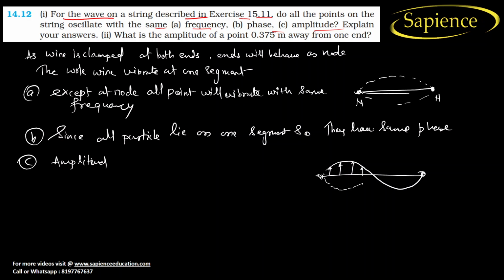When it reverses also, the particle at this point will have an amplitude of about this point only. The antinode has the maximum, and the node has the minimum. So we can say that amplitude will be different for different points.